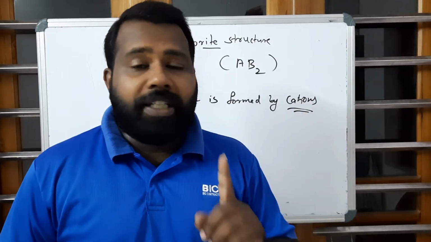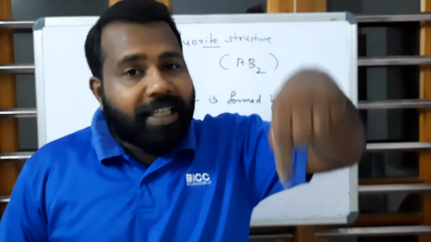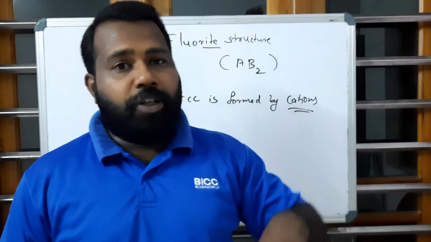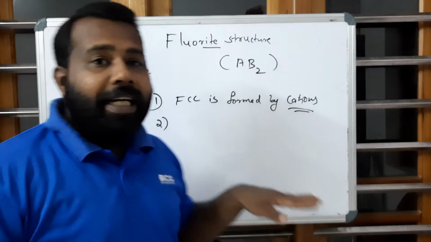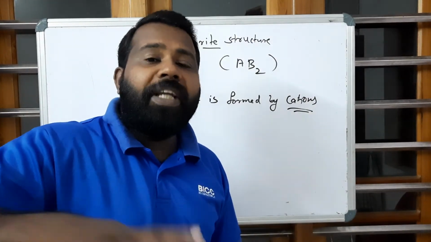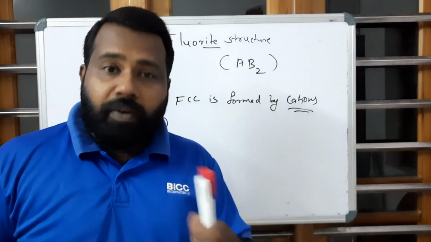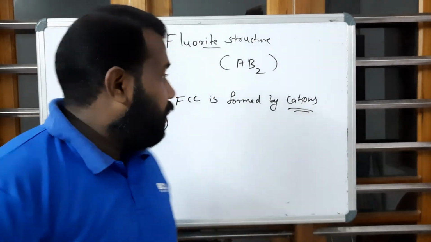The positions of octahedral voids are the edge centers as well as within the body of the face-centered cube. But a tetrahedral void within the face-centered cube is not going to be shared with any other unit cell. So there are 8 tetrahedral voids in a face-centered cube.